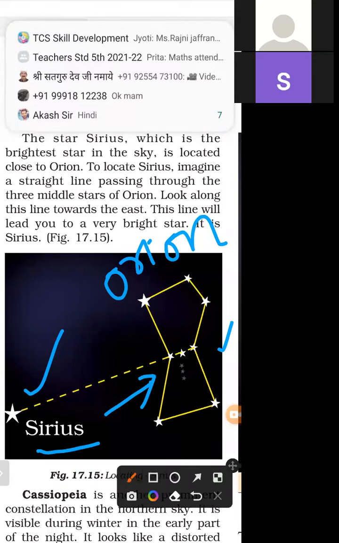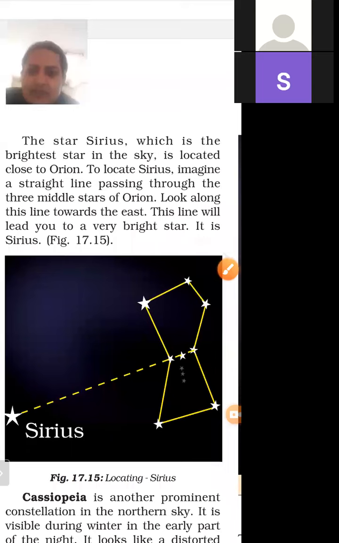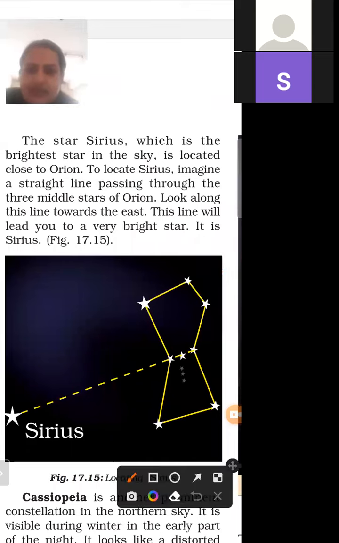To locate Sirius, imagine a straight line passing through the three middle stars of Orion. These are the three stars.